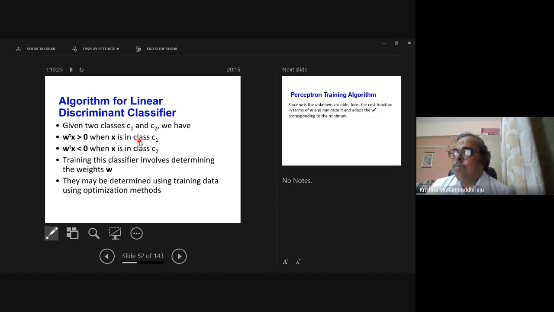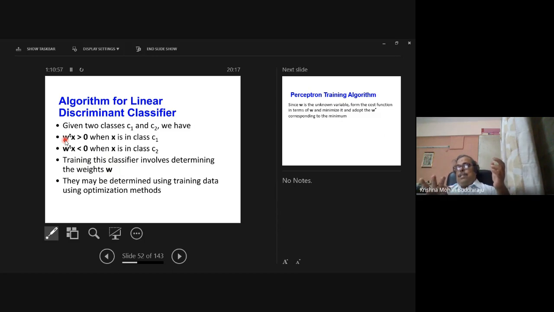So there are simple optimization rules, starting with randomly assigned values for W, and the way they are updated. Suppose the response is positive when the sample belongs to class 2. It means that the current values of W should be reduced.